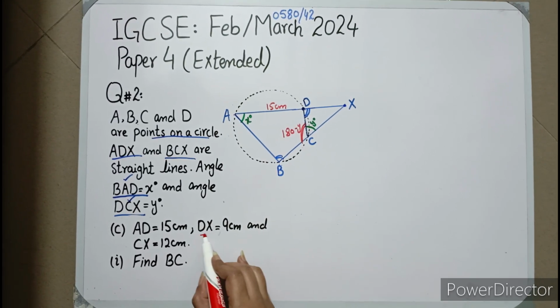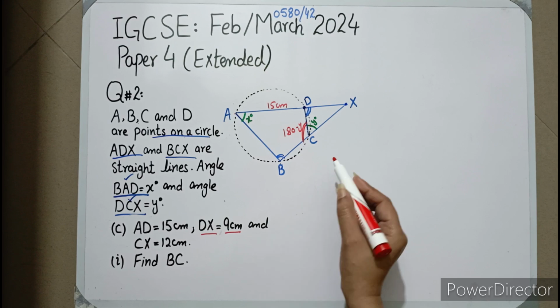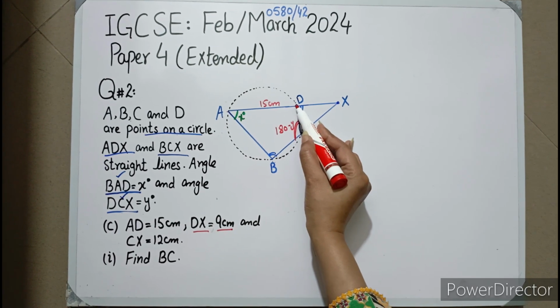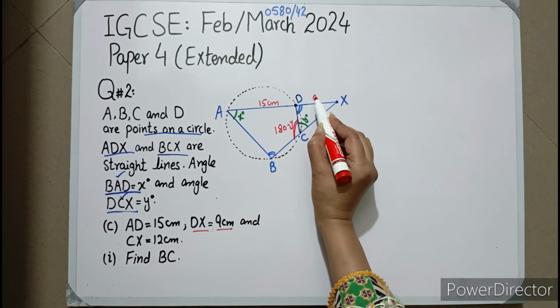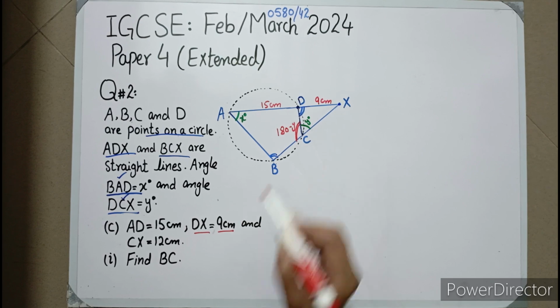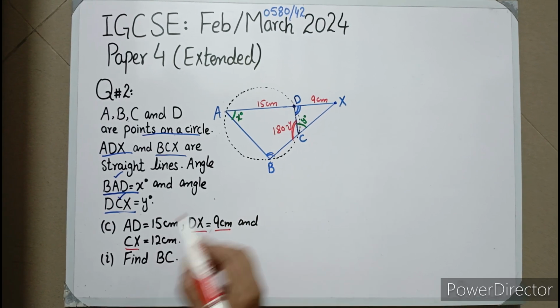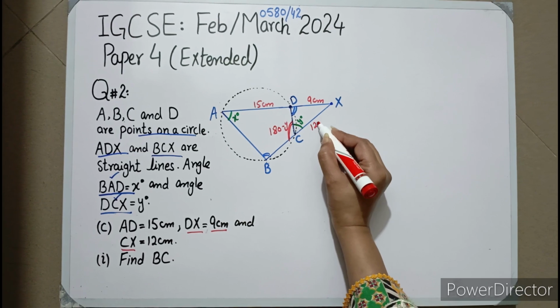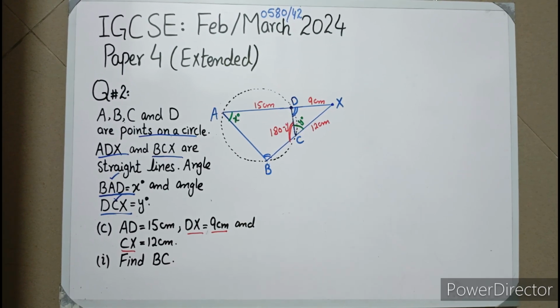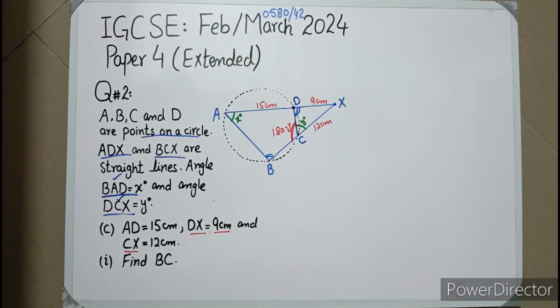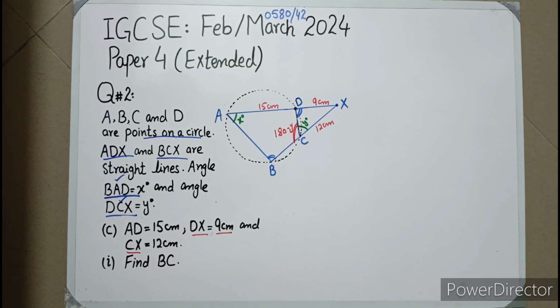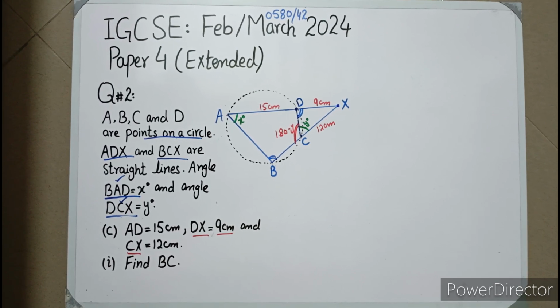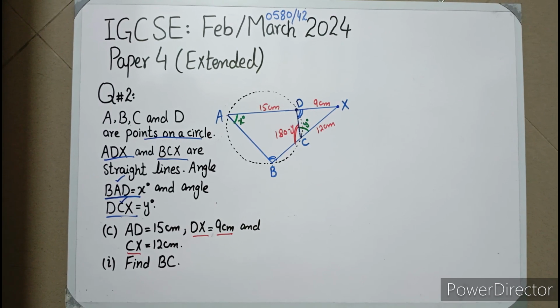Furthermore, he said DX is 9 centimeters. This is DX, so this is 9 cm. Whereas CX is mentioned over here, CX is 12 centimeters. What is he asking us? He is asking us to find the portion that is basically BC.